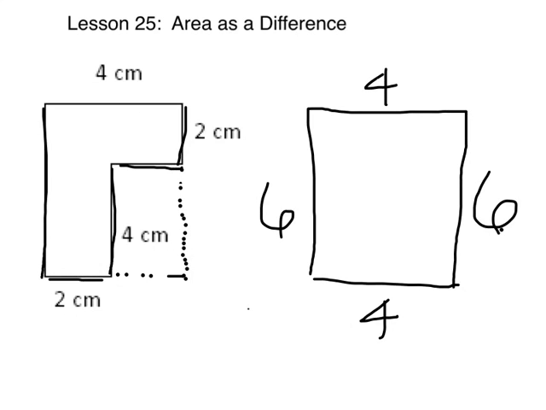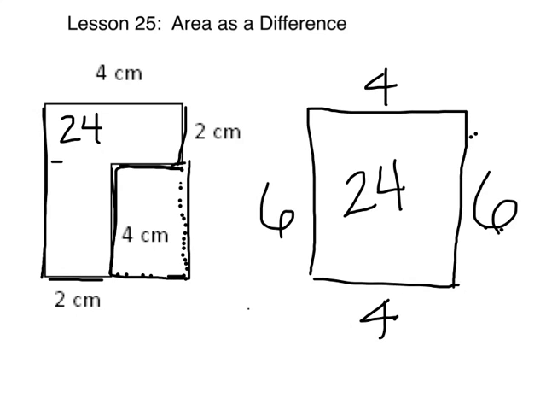We're going to say that the area of this entire figure right here is 6 times 4, which is 24. But then we know that there's a piece of this right here that's actually missing from that 24. It's not there. So we're going to find out how much that one would be. We know this is 4.